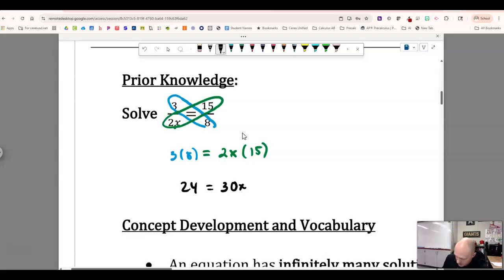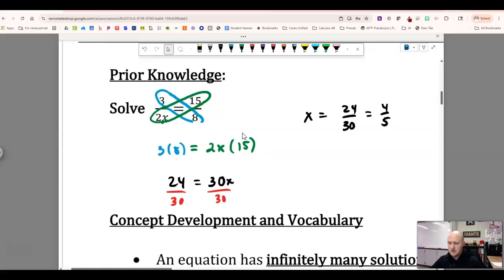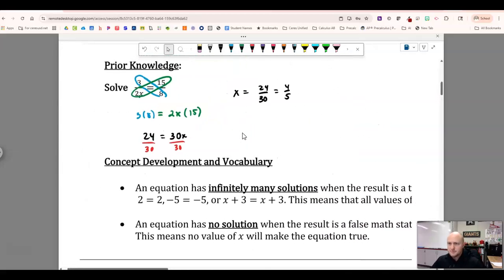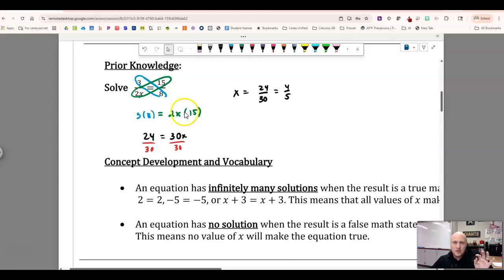And we can divide both sides by 30, and we get a solution here. So x is equal to 24 over 30, which both of those can reduce by 6, so we get 4/5, okay?